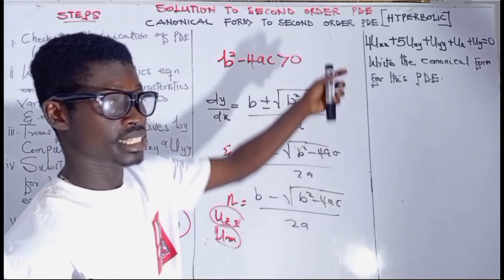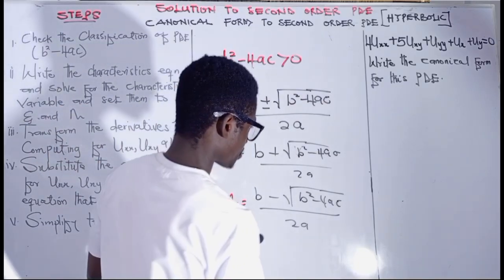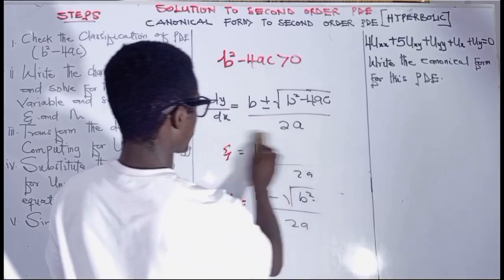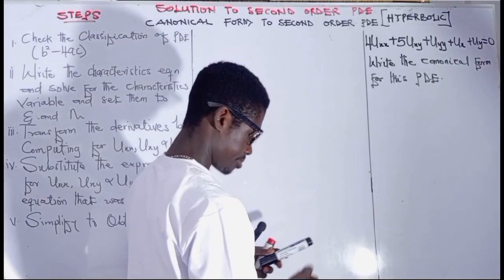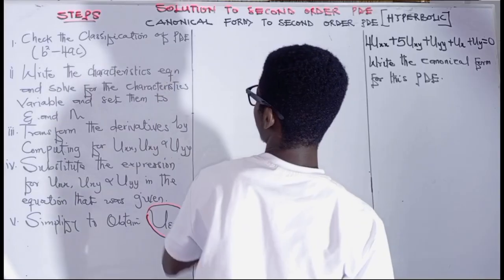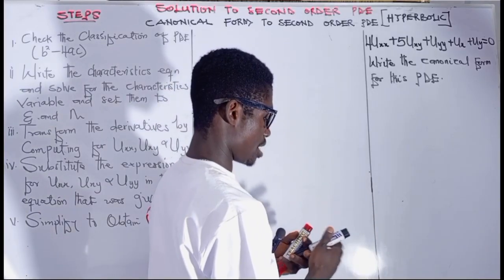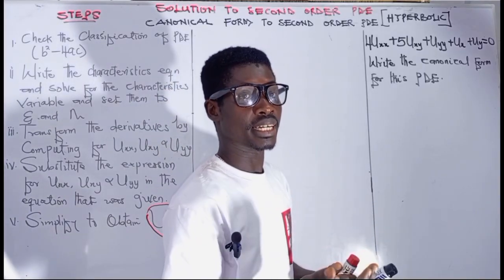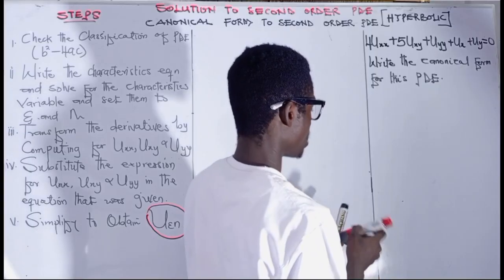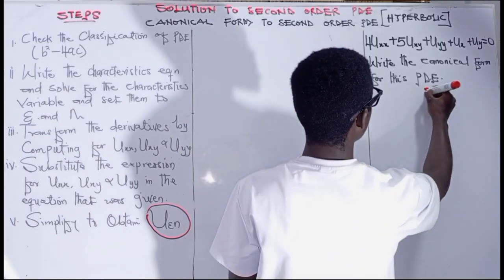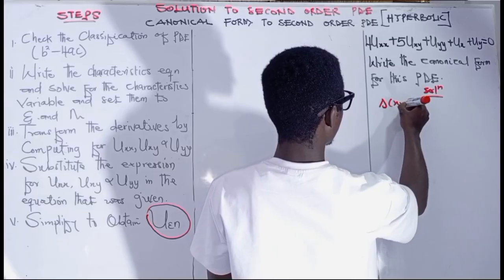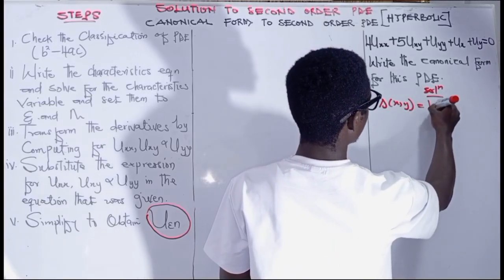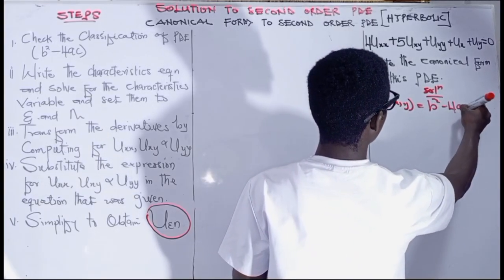So let's look at our first example. The first step says check the classification of the PDE, and we can do that using the discriminant. We know that the discriminant is b squared minus 4ac.